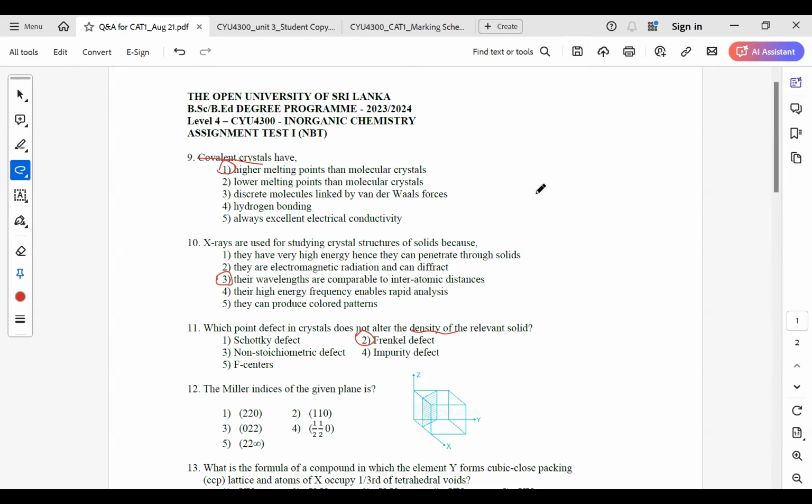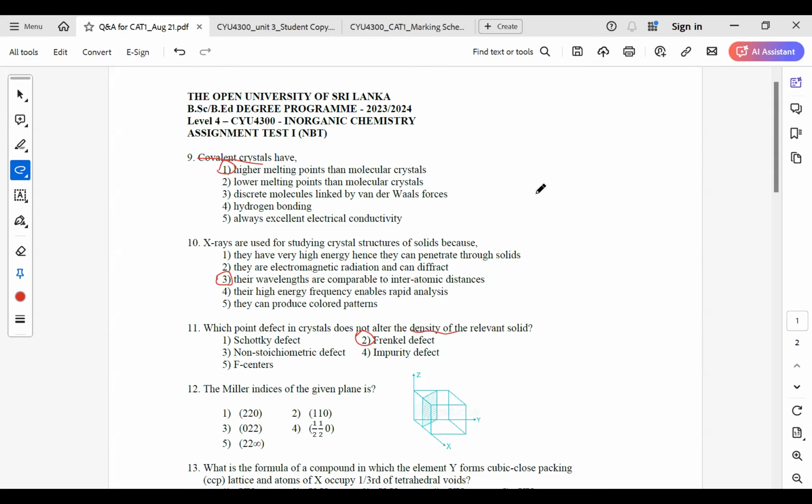So yes, in the Frenkel defect, the lost atom is going to be nearby, in the interstitial positions. In other cases, like the Schottky defect or non-stoichiometric defects, those particular components are going to go out of the solid, or come to the surface, because they are going to be absent.